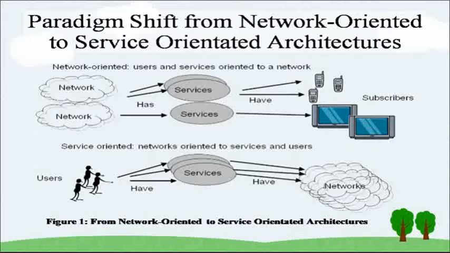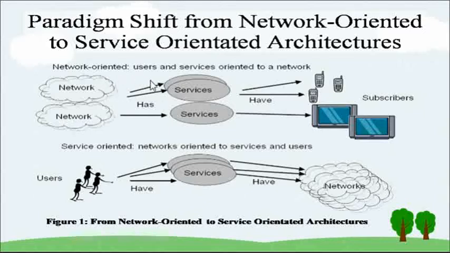However, the disadvantage is that more complex multi-service networks need to be provided and maintained, and it can become harder to integrate data from applications that exist on different networks. So earlier the scenario was network oriented, where services were considered as belonging to a specific network only.